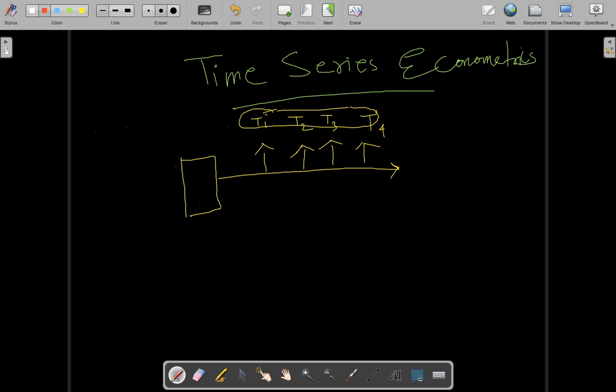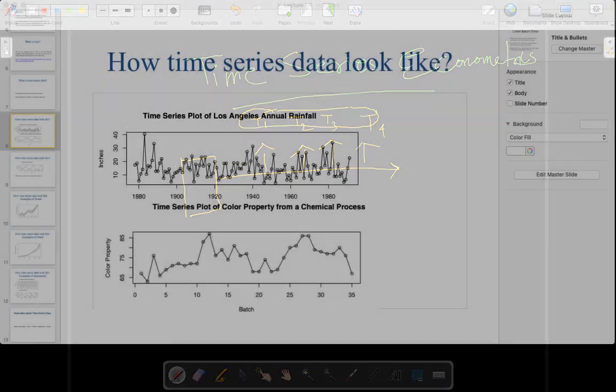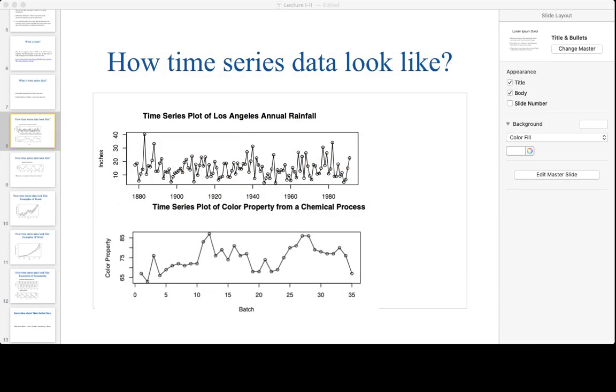Now we will look at some time series data and how they look. Here I would take some examples from your textbook. The first example is about the annual rainfall in Los Angeles, and it has data across more than 100 years, showing annual rainfall.